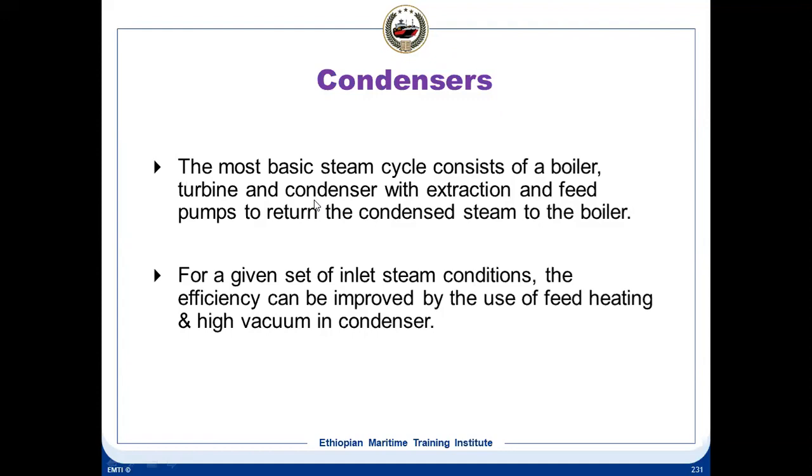But in case of a turbine, from the last stage of the turbine also, the steam which comes out is not yet turned into water. That is still remaining as steam itself, and that will come into the condenser, and that will be condensed.